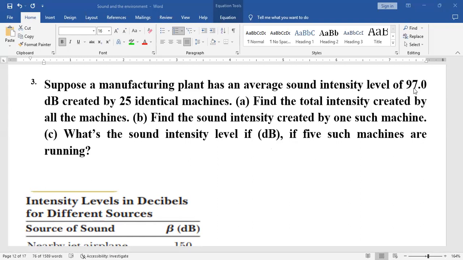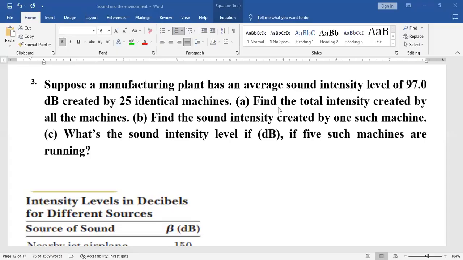It's very high, 97 decibel. And this is as a result of a combination of 25 identical machines. So the options says, find the total intensity created by all the machines.